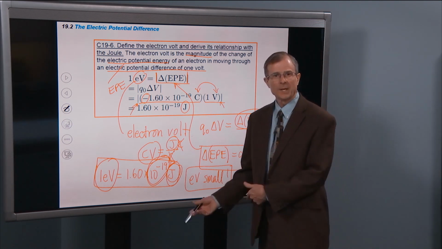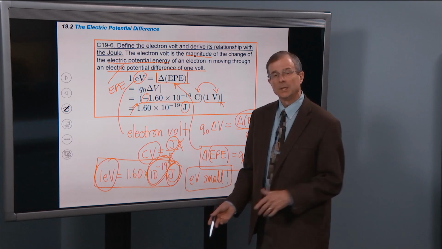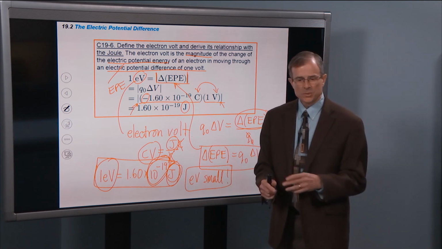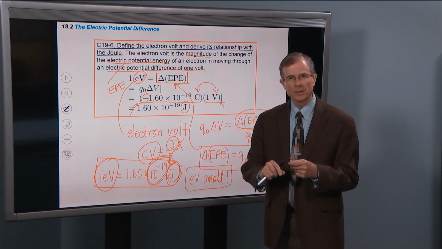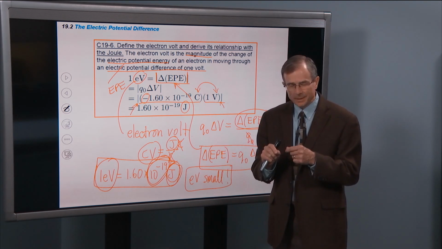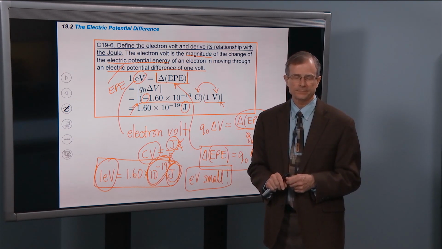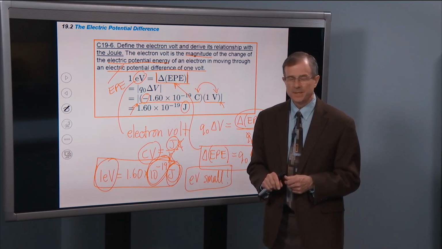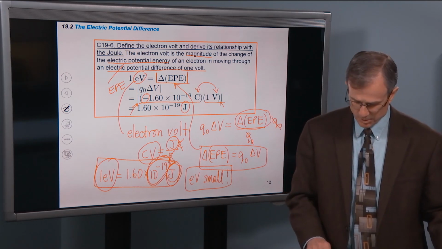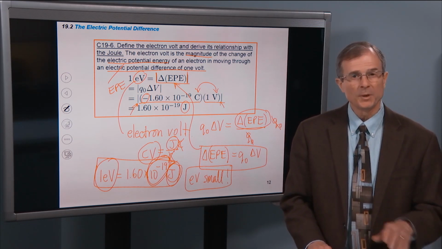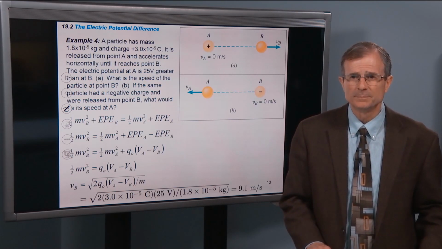You say, well, why should we ever want a unit that's that small? And the answer is, it's used all the time in particle physics. If you want to know the energy of a particle, a tiny little electron or proton is never going to get energies associated with a joule or so. So it's used a lot in those. And we'll give you some problems to think about it with.